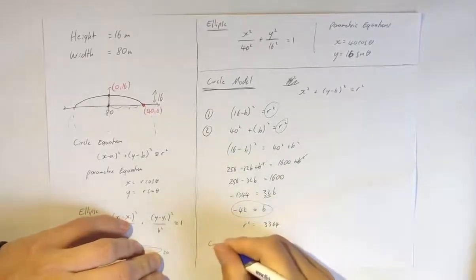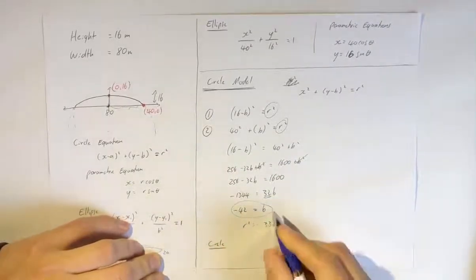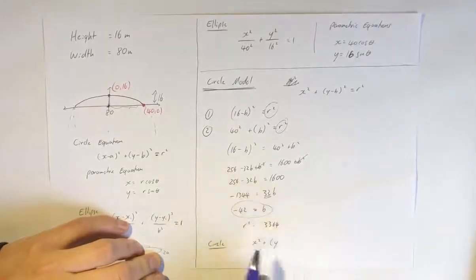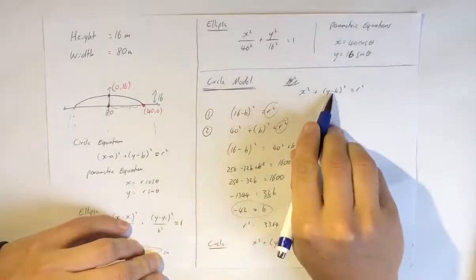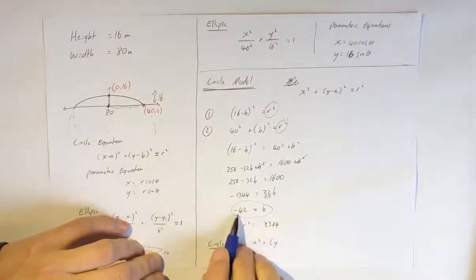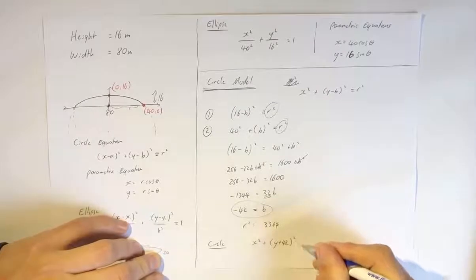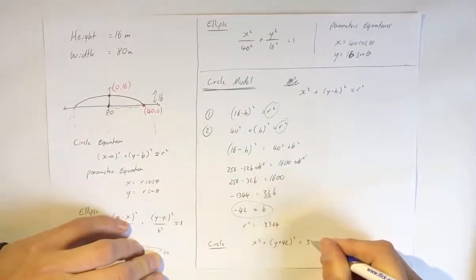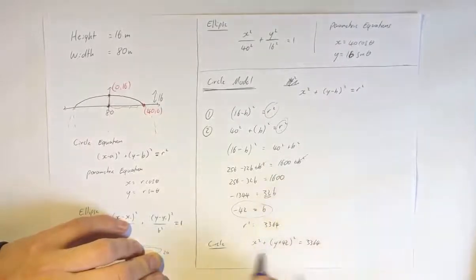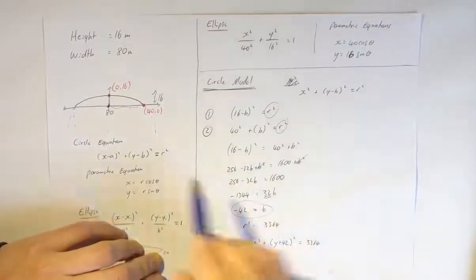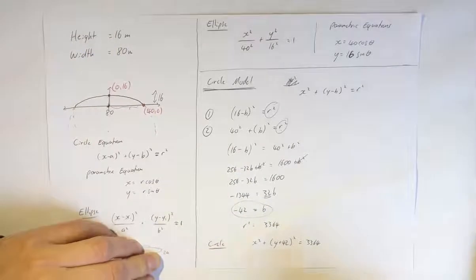So my circle equation is x squared plus y. Now be careful, because it's y take away b, and b was negative, so it's actually plus 42 all squared is equal to 3364. And that was really nice. Actually, I didn't think I'd get whole number solutions for all of that, but 16 and 80 seem to have done the trick.